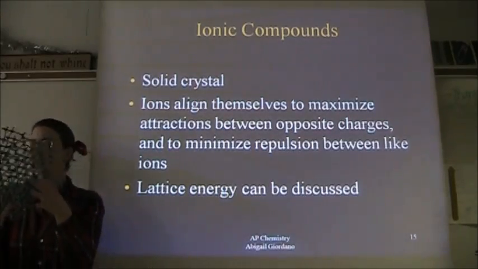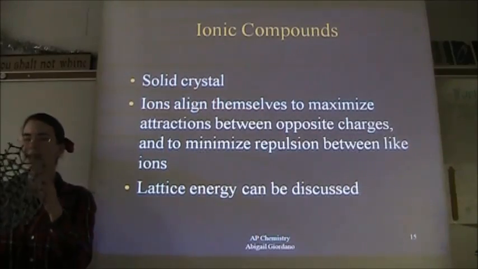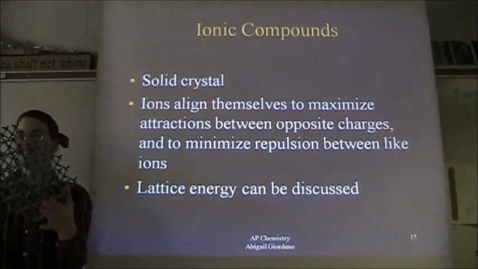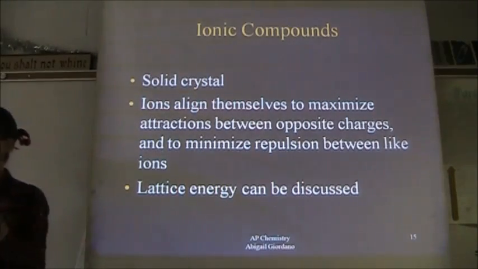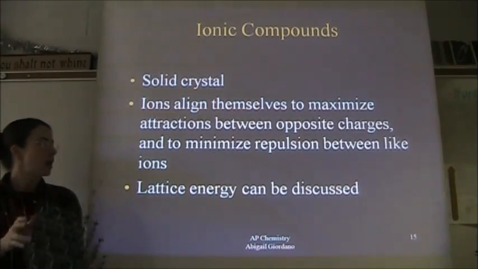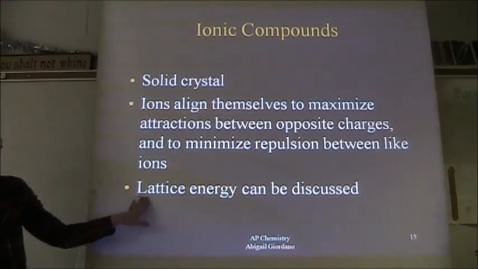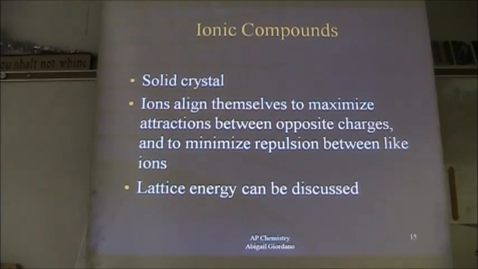Ionic compounds, the word we use to describe their structure is a lattice structure. Not lettuce, but lattice. Okay? A regular repeating pattern. And there's a term here, lattice energy. Okay? This is a term you use when you're discussing ionic compounds.